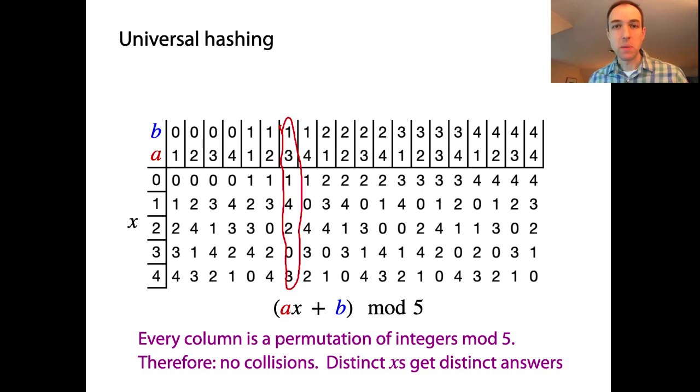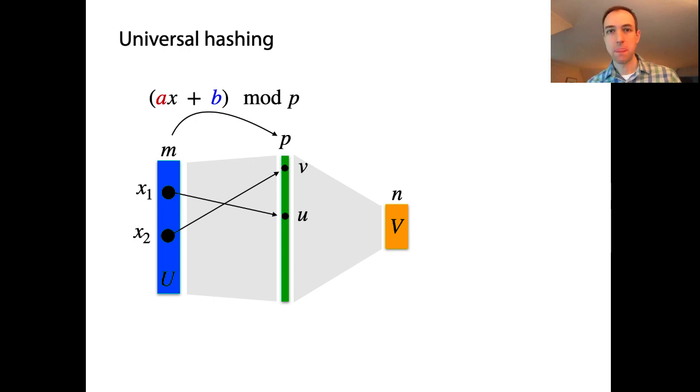So nothing's repeated. So we just learned something important, which is that the first step of taking ax plus b mod p won't create any collisions. So distinct x's will yield distinct ax plus b mod p's.